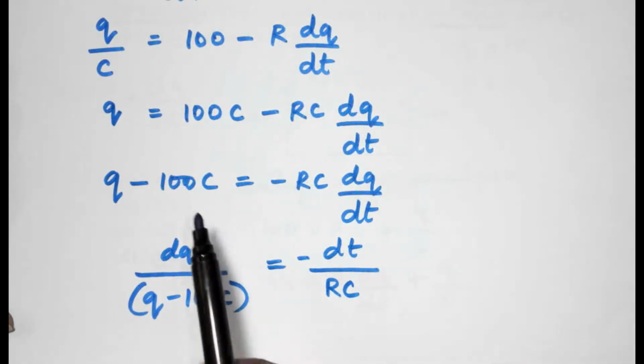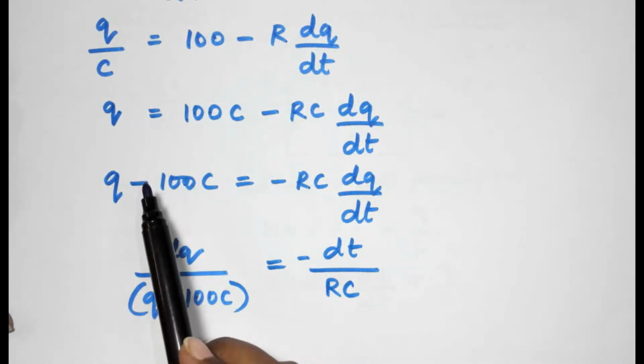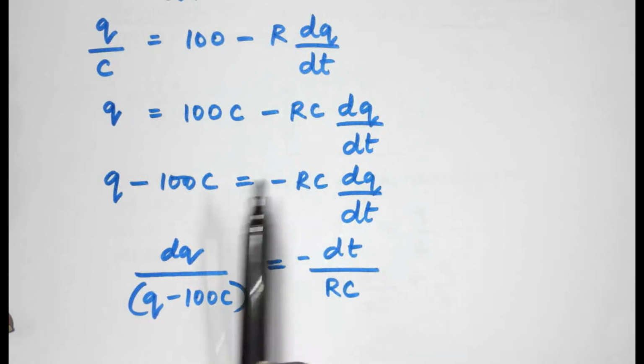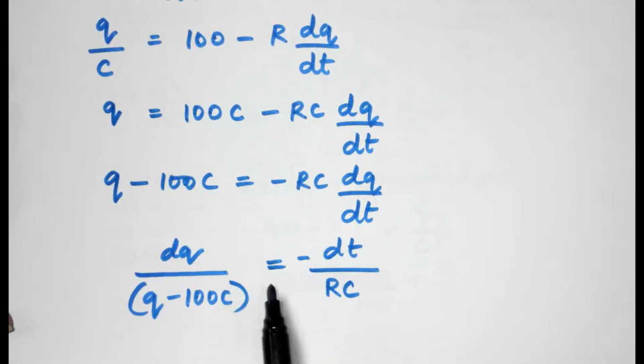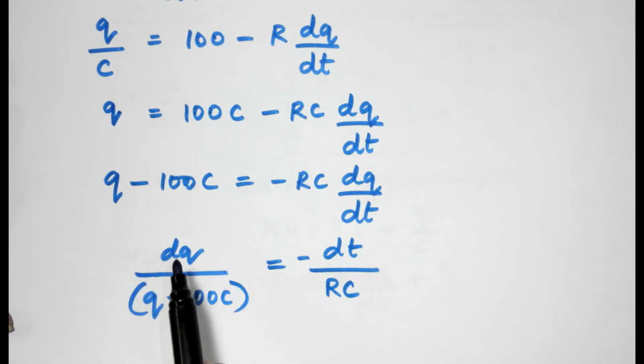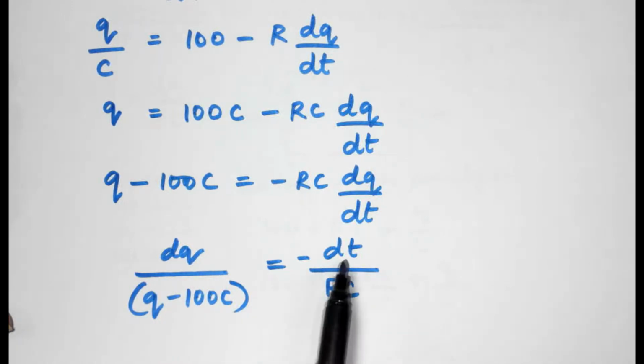What I've done is taken Q minus 100C here and RC down, just separating them. Now we're going to integrate both sides.